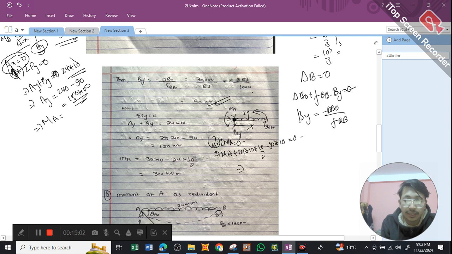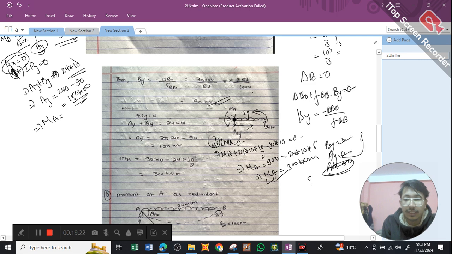So we get MA as 90 into 10, which is 900, minus 24 into 10 into 5. On solving this, we get MA as 300 kilonewton meter. So we know the value of MA, BY and AY, and AX is 0. Knowing all these values, now we can easily create our shear force diagram and bending moment diagram.